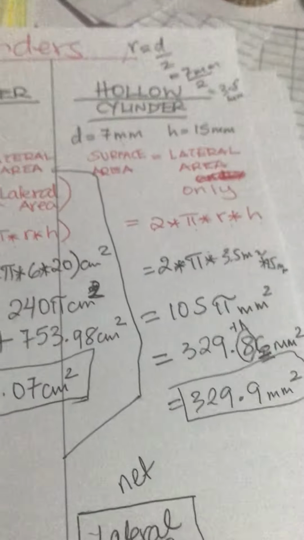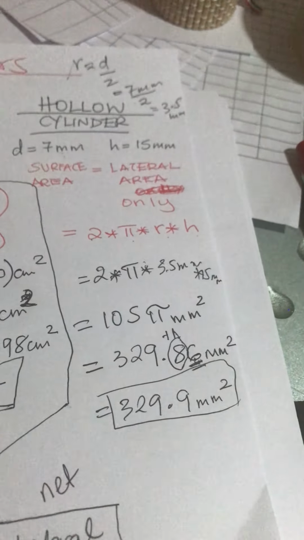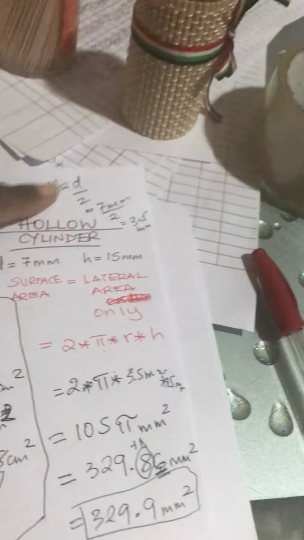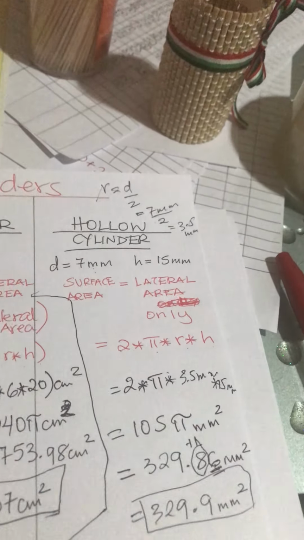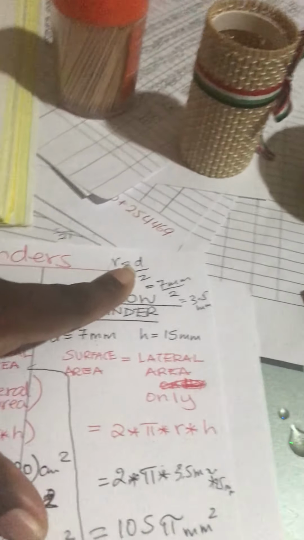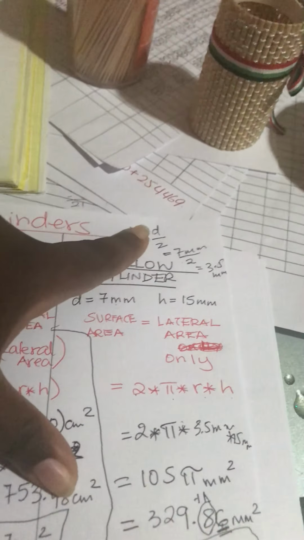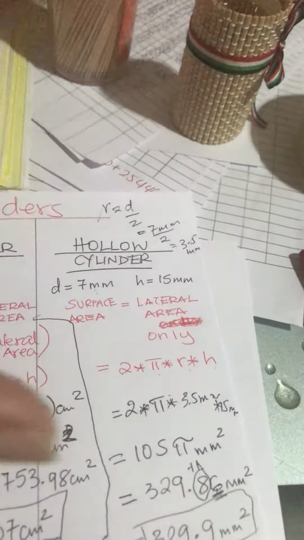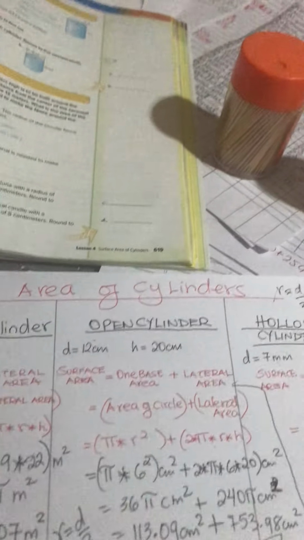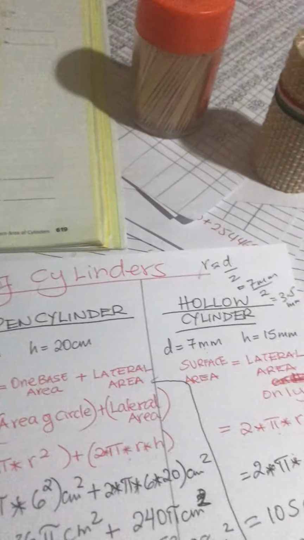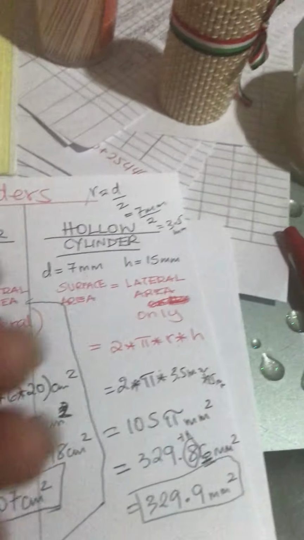Now, you need to make sure you read. 1, you need to find the radius. If the question didn't give you the radius, you must find the radius. You must divide diameter by 2. If you don't do this step, you will get it wrong. This you must do. Then you must ask yourself, is my picture closed? Is my question a closed cylinder, an open cylinder, or a hollow cylinder?